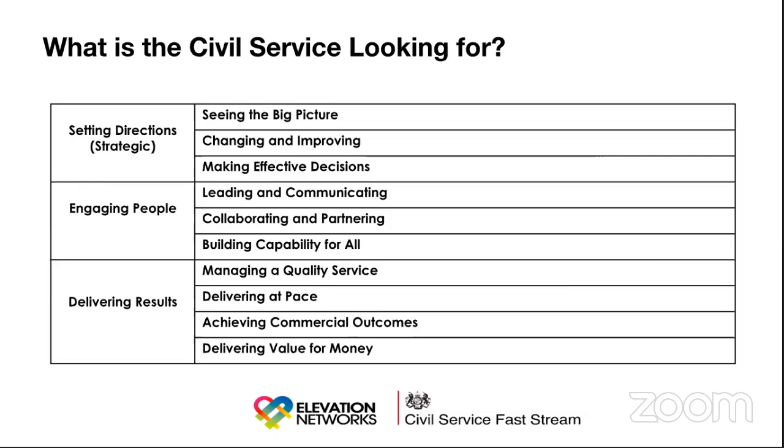It's about championing the work of the civil service to external stakeholders, from the public to other organizations or clients or people that you come across during your role within the civil service. And it's also supporting principles of fairness and opportunity for all.